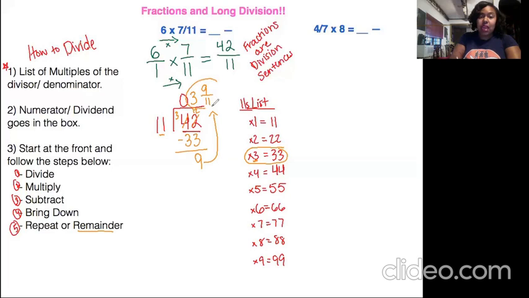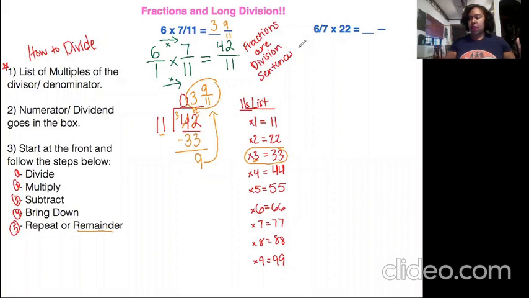So 3 and 9 elevenths. There we go. And there is our final answer. So 6 times 7 elevenths equals 3 and 9 elevenths. All right, and we used our list, we used some long division, and we're going to get into some even harder ones in just a moment.